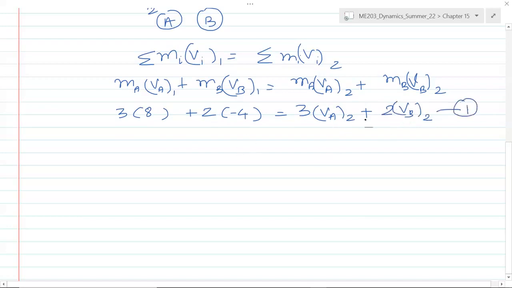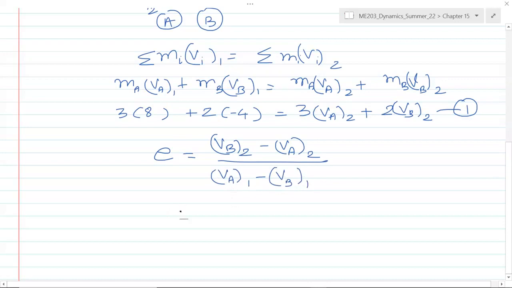We cannot solve it because we do not know either VA2 or VB2. So we have two unknowns in one equation. However, we know the coefficient of restitution, which is e equals VB2 minus VA2 divided by VA1 minus VB1. This formula will be given to you in the exam. This is given as 0.7, and now VB2 is towards right, so it's positive.